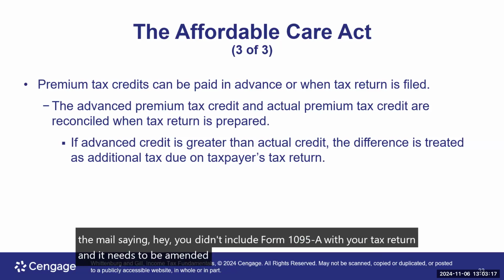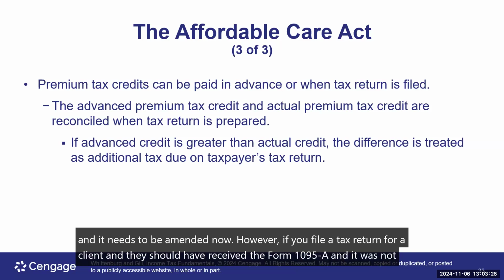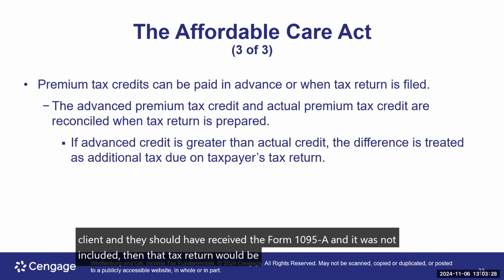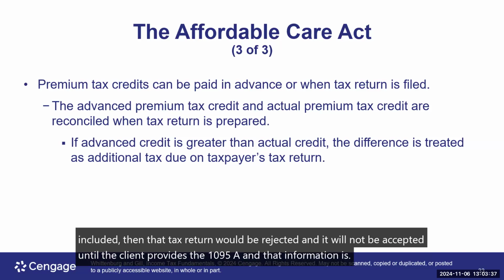Now, however, if you file a tax return for a client and they should have received the Form 1095A and it was not included, then that tax return would be rejected and will not be accepted until the client provides the 1095A and that information is reflected on the tax return.